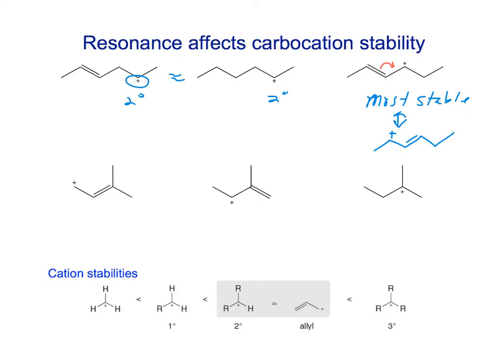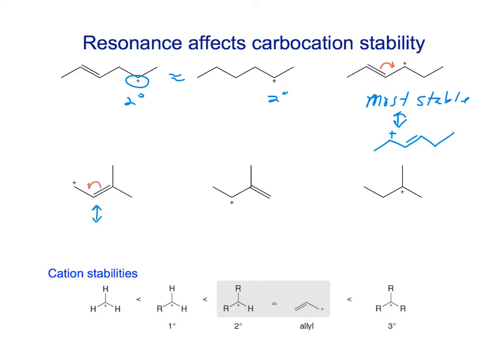Okay, this gets a little bit trickier, right? Whenever we see allyl cations, we need to make sure to take into account both of their possible resonance contributors. So let's draw out the resonance contributors for these allyl cations.